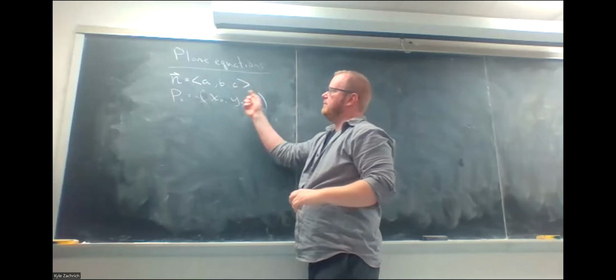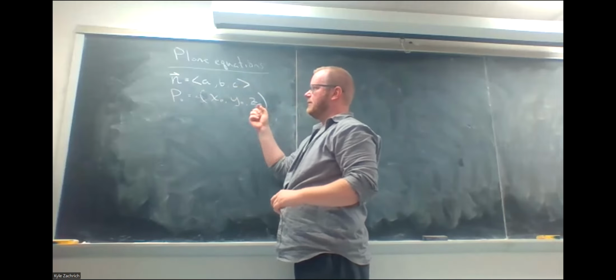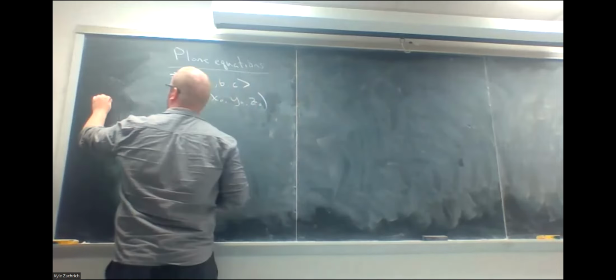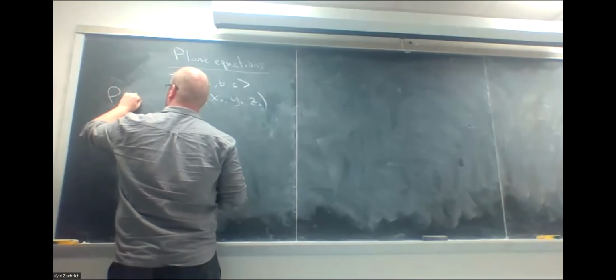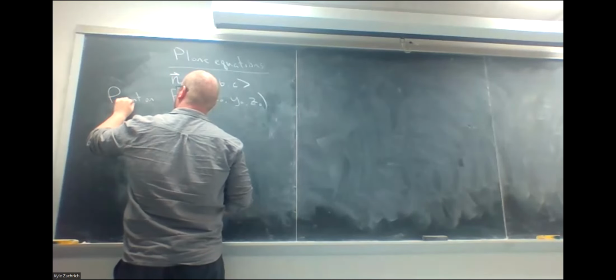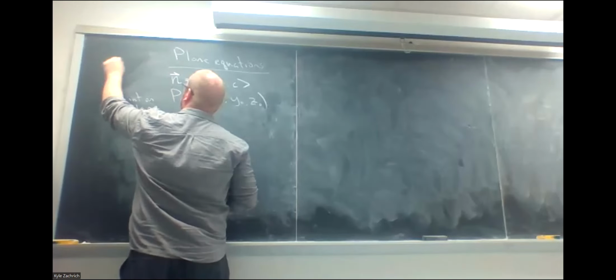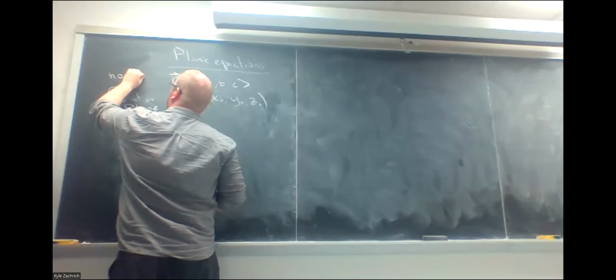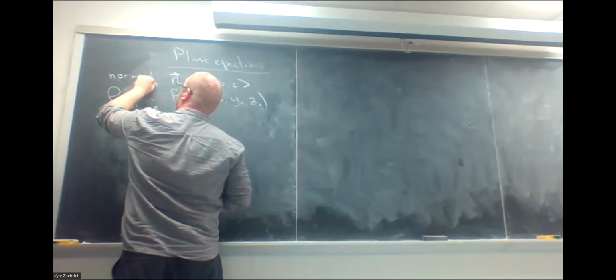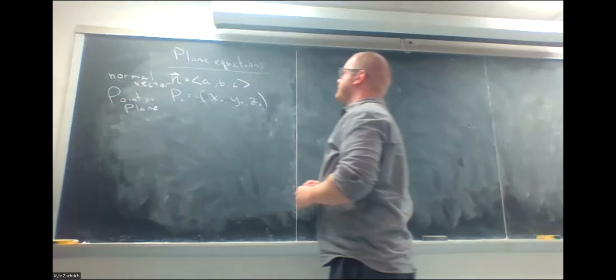If you've got a normal vector A, B, C, and a point on that plane, X naught, Y naught, Z naught. That's my normal vector.